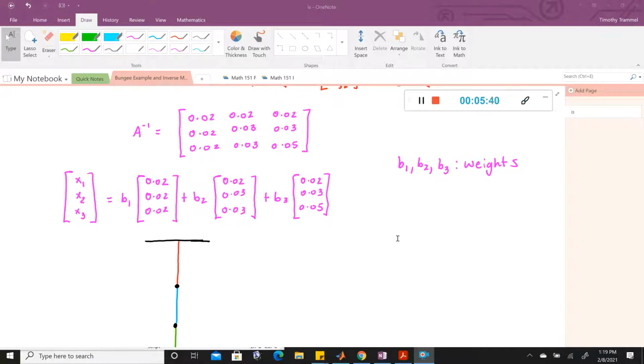I just want to remind you, in our example, the B vector was just the vector of all of the bungee jumpers' weights. But when we write it in this form, what we can see is if bungee jumper 1's weight were to increase by 1, it would result in stretching bungee 1 an extra 0.02 meters.